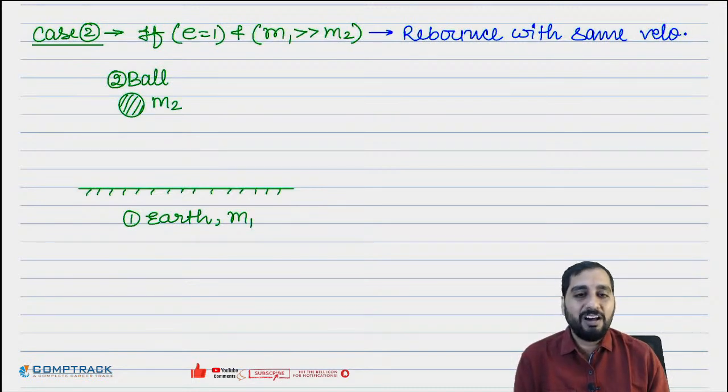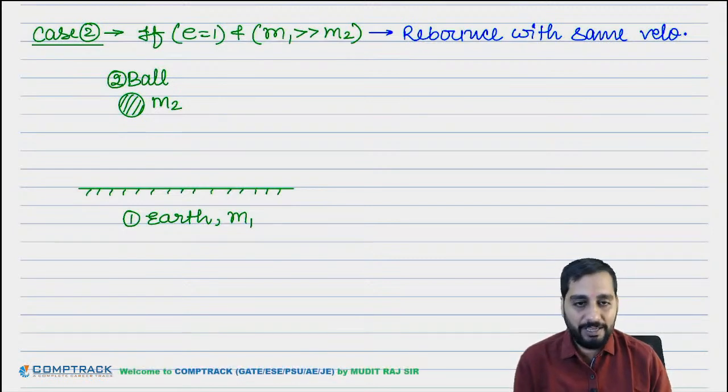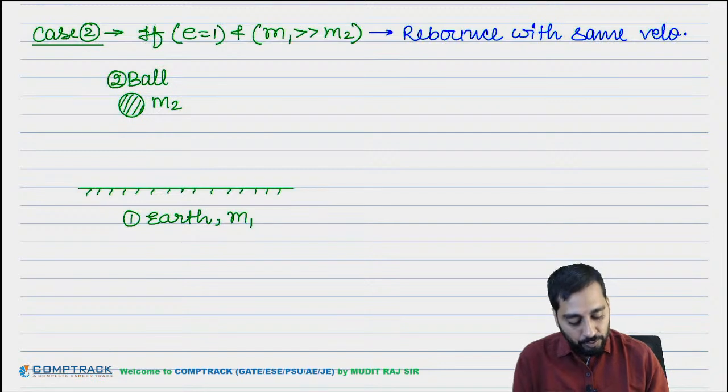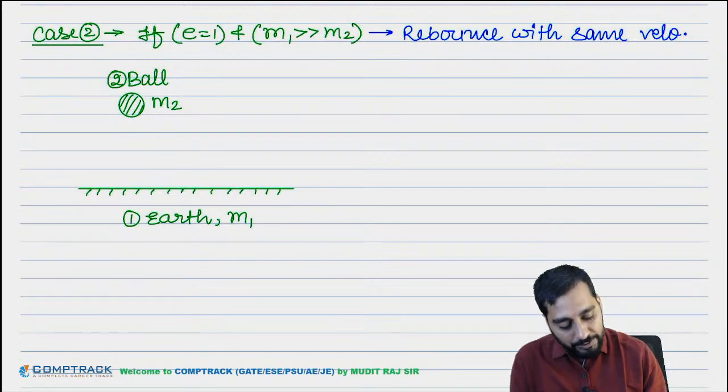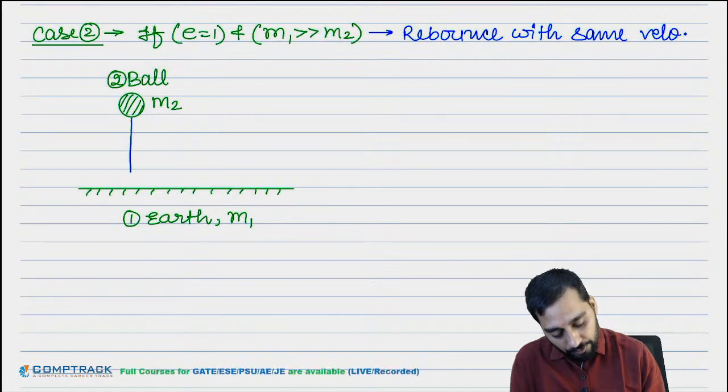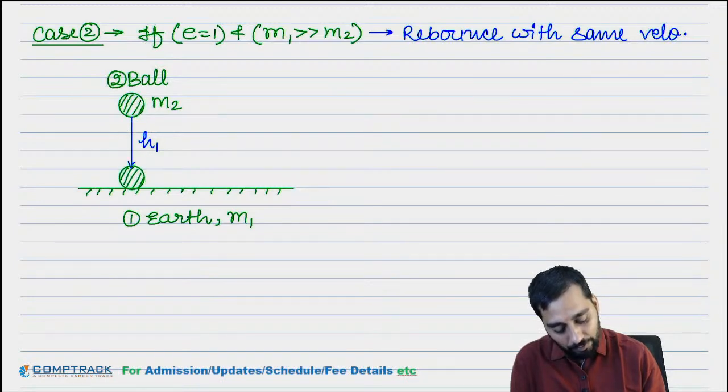So m1 is larger than m2. If you drop this ball from here to here, let's say it is dropped from a height h1. Then when it falls from here, it will come like this and hit the ground.